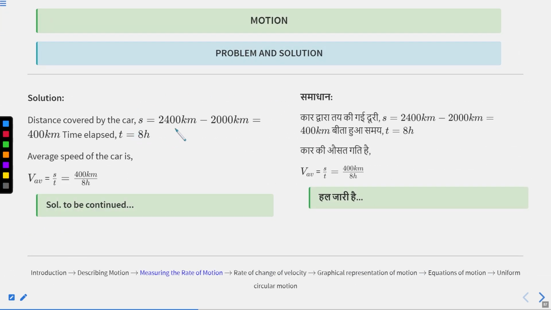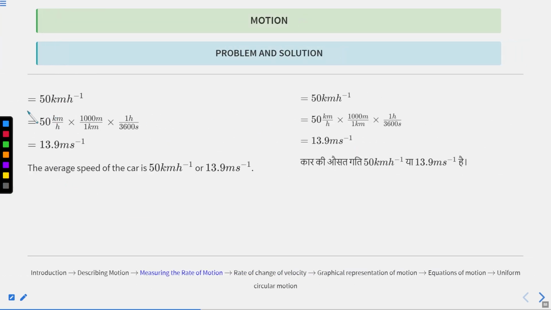So the distance covered by the car is 2400 minus 2000 kilometer, which is 400 kilometer. Time interval is 8 hour. Average speed will be the total distance divided by total time taken. Total distance is 400 kilometers and total time taken is 8 hour. When you solve it, you will get the answer in kilometer per hour, 50 kilometer per hour.